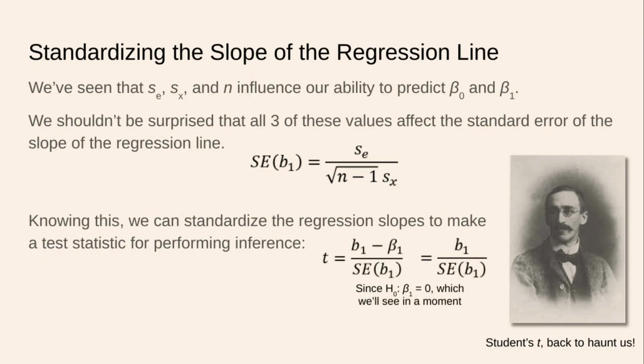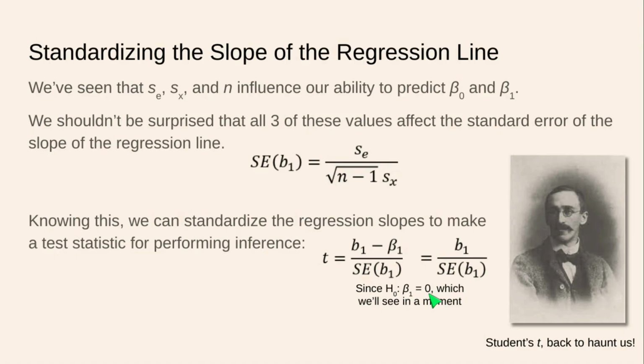Our test statistic is going to be b1 minus beta 1 over the standard error of b1. Well, what is beta 1 going to be in the null hypothesis? In the null hypothesis, beta 1 is going to be 0. If we assume that there is no relationship between the variables, then beta 1 is going to be 0, right?